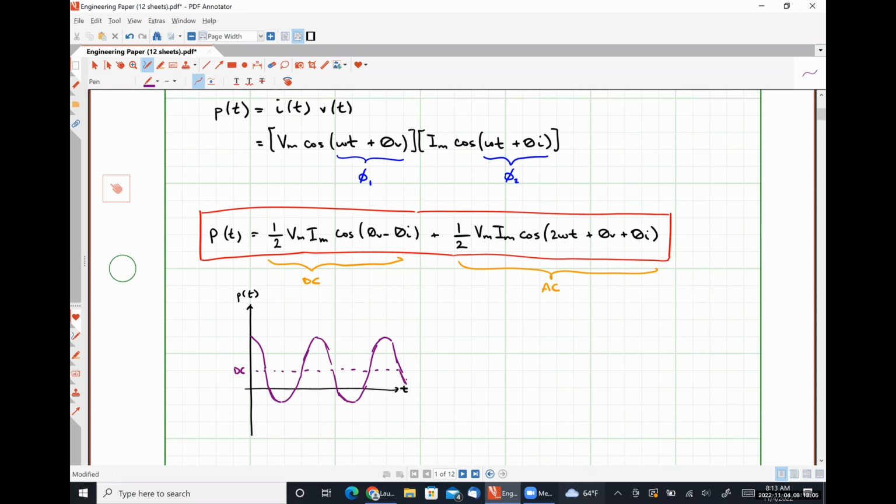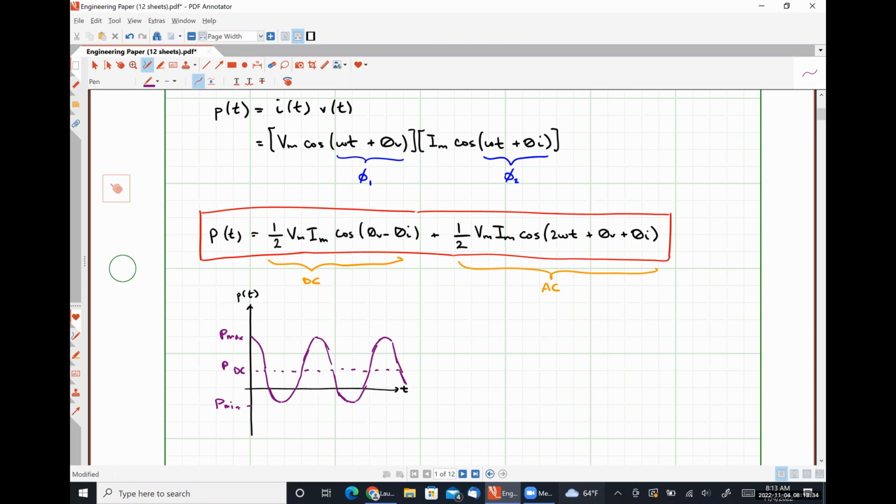So something like this. So here is P max, let's call this P DC, and down here is P minimum. If this graph represents the absorbed power of a linear network, we can observe a couple of things.